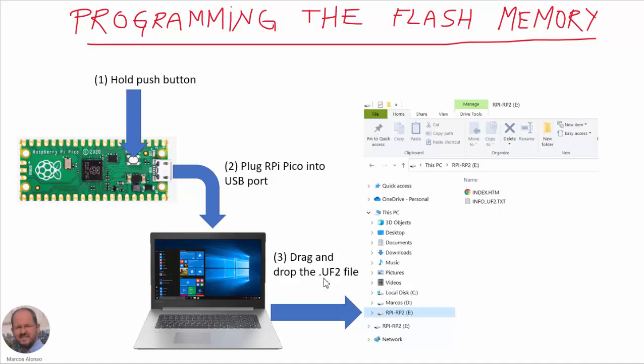So once we have this UF2 program ready, what we have to do is to hold the push button, connect the USB port to the computer, and then we will see how a new drive appears in our computer. So we only have to drop the UF2 file on this unit, and then we will program the flash memory. So this is especially interesting when we want to program our Raspberry in C language in order to optimize the operation of the microcontroller.